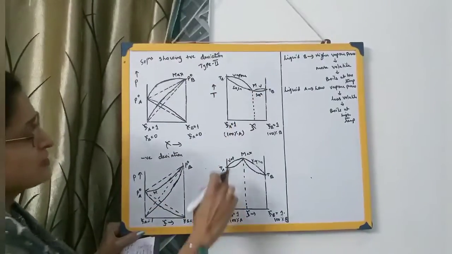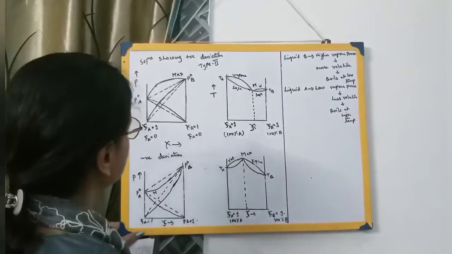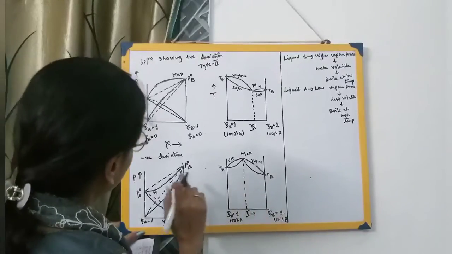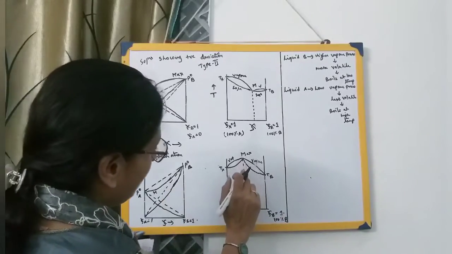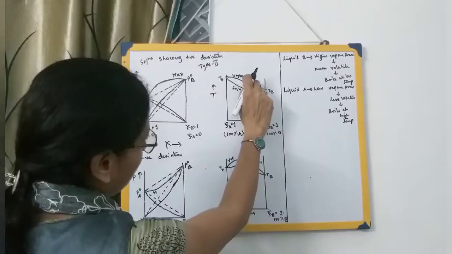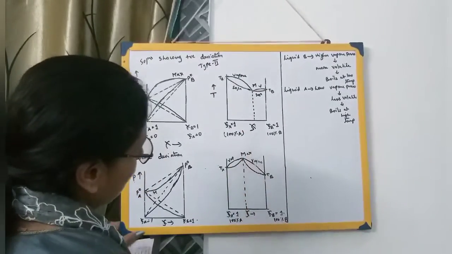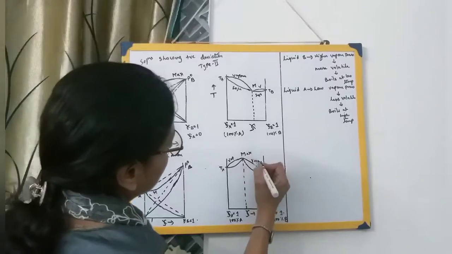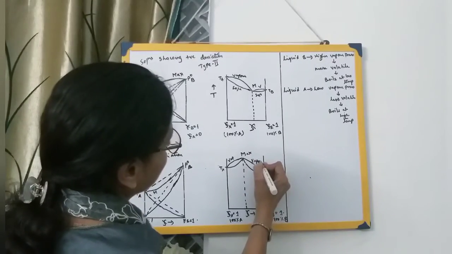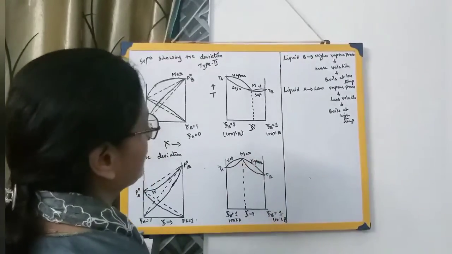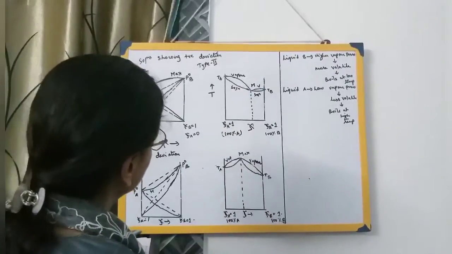So this is how we get both graphs: for the solution showing the minimum, a minimum boiling azeotropic mixture, and for the solution showing the maximum, a maximum boiling azeotropic mixture.